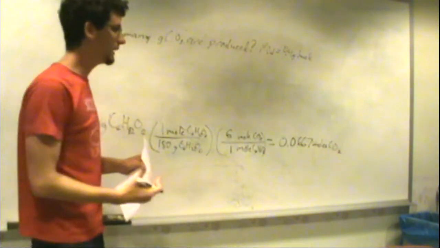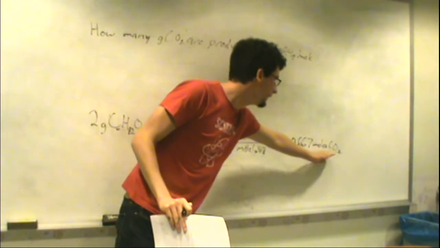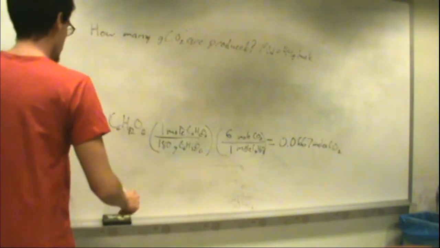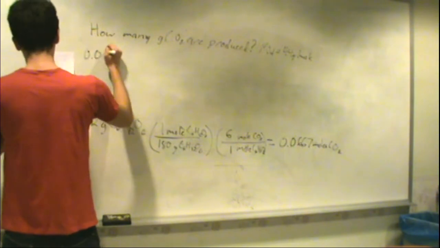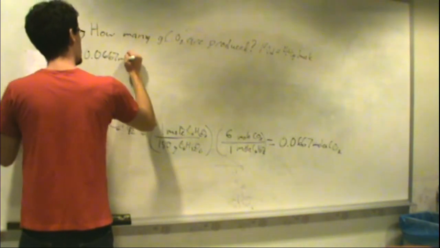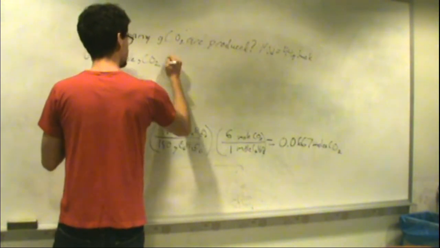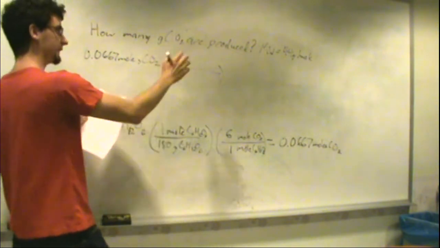And that's just found by taking the molecular weight of carbon and the molecular weight of your oxygens and then summing them up. So, we know we have 0.0667 moles of CO2. And we're given our molecular weight, so we can convert from moles to grams.